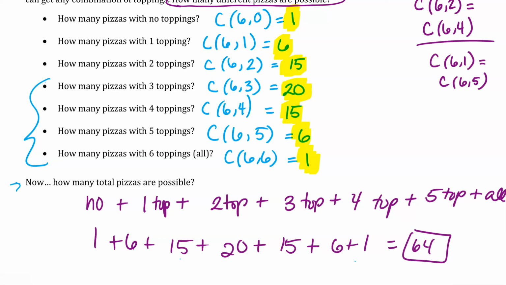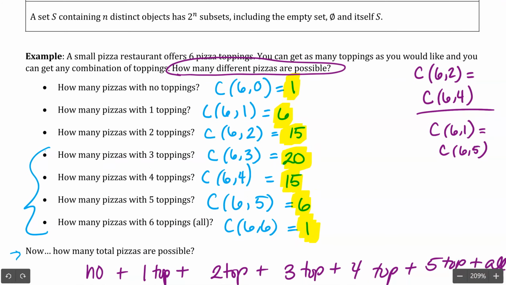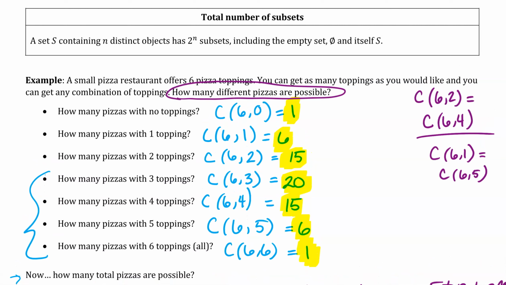Great. Now that was a heck of a lot of work. Why did we just do that? Well, if you remember at the beginning of this video, I told you that we can find the total possible number of subsets, all of them, for some set that contains some amount of objects. In this case, our number of objects is 6.